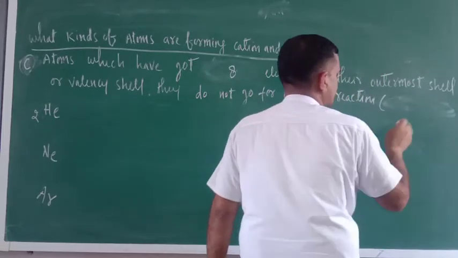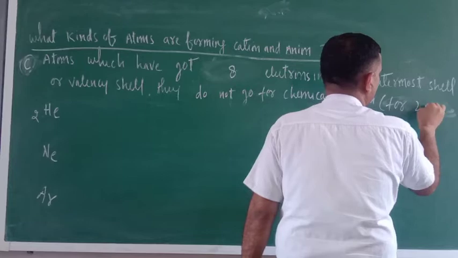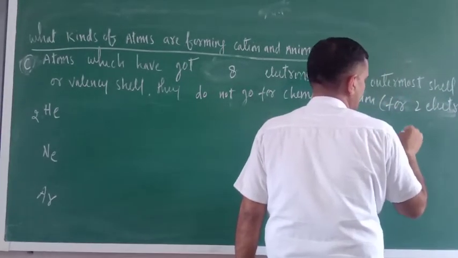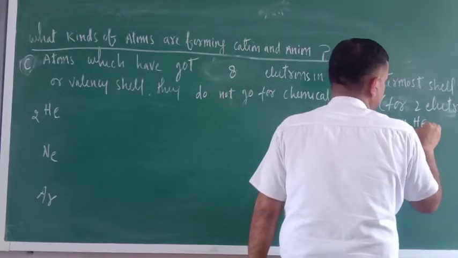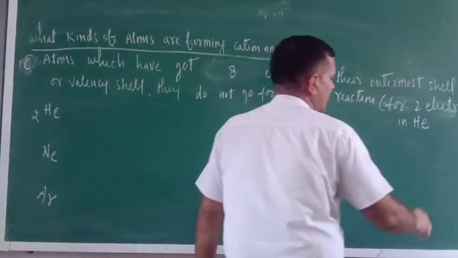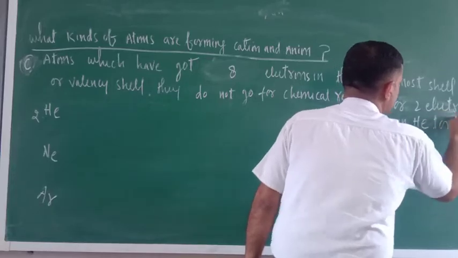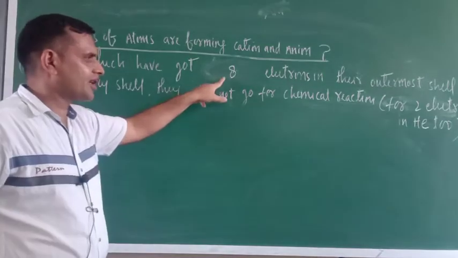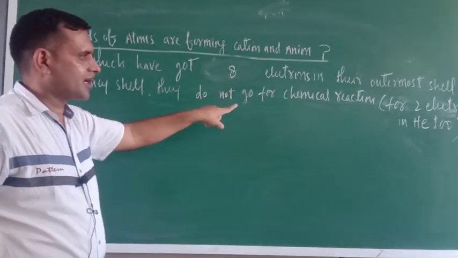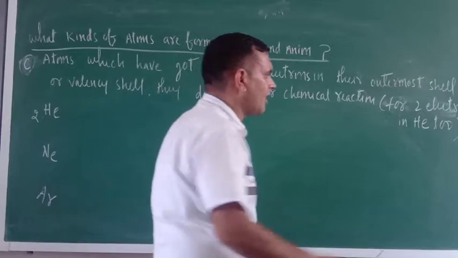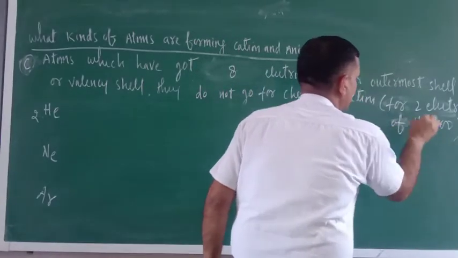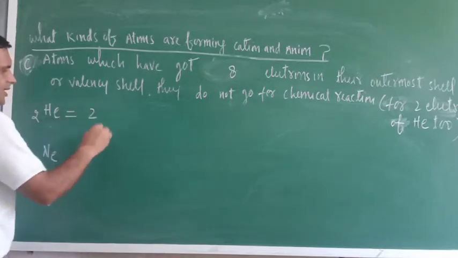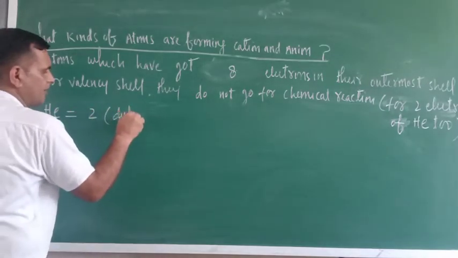Just for 2 electrons in helium. Means in this rule helium is also included, even though 8 electrons are not there, only 2 electrons are there. Okay, so helium, just see, 2 electrons are there, here duplet is there.